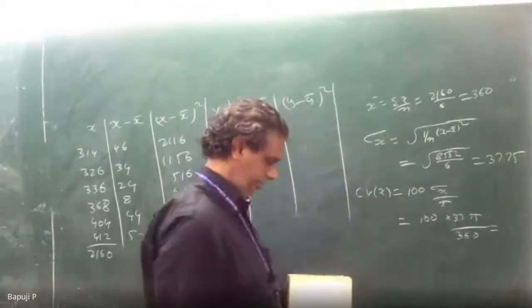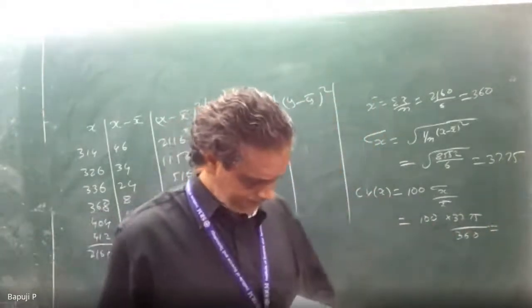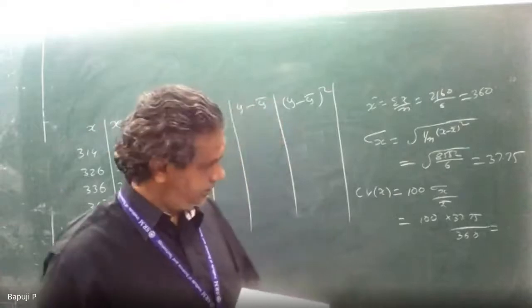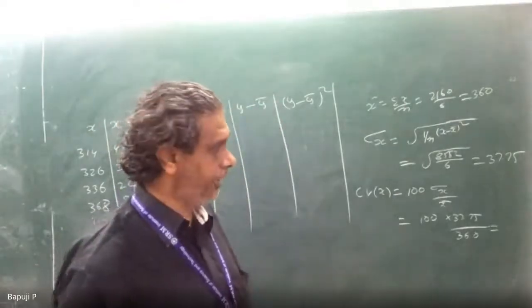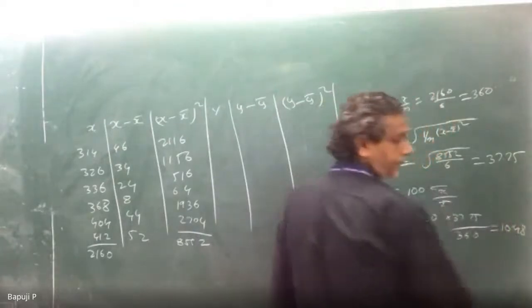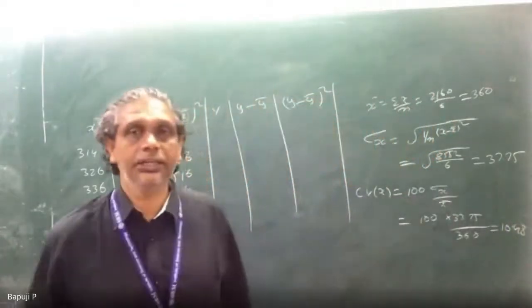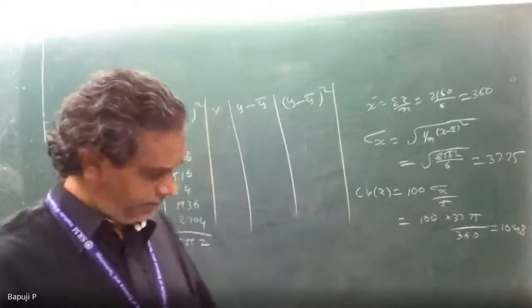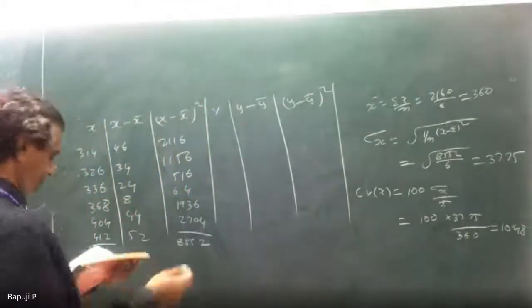Then simplify. The coefficient of variation is 10.48. This is the X story over. Then come to the Y story, and write it the same way.